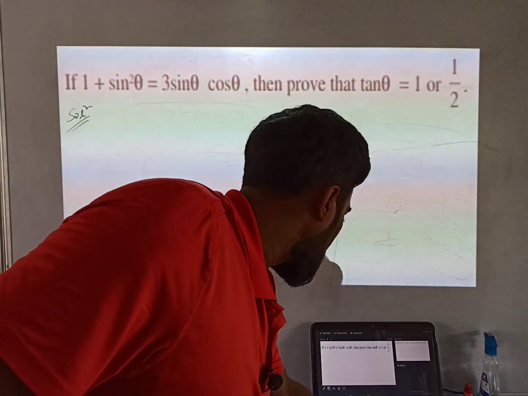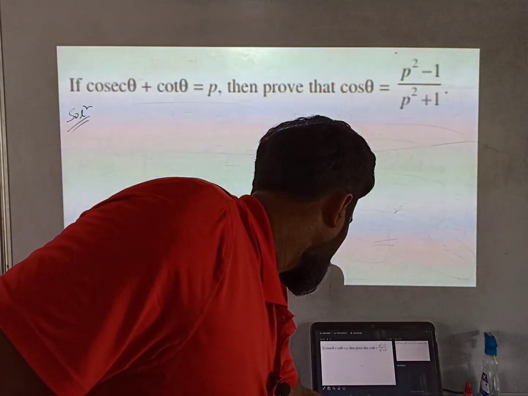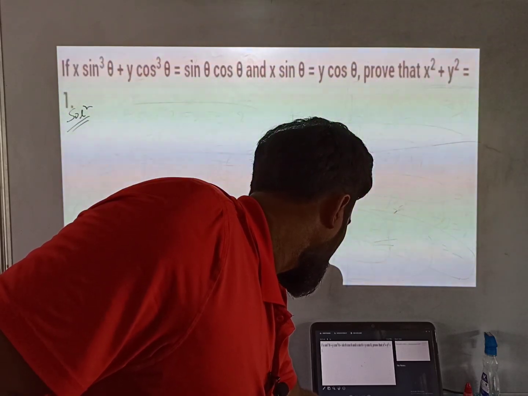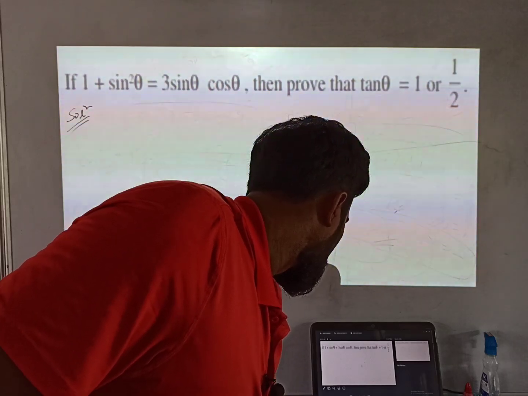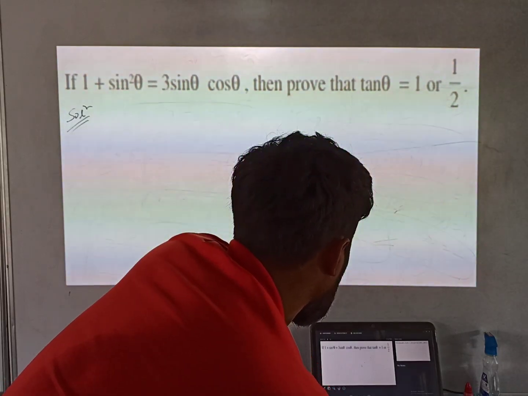So what do I need to prove? We need to prove that 1 plus sine square equals 3 sine into cos.